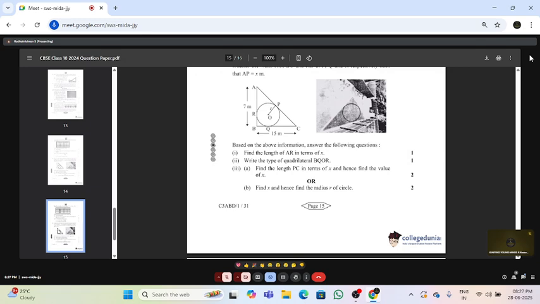That means the square root of this is 274, no? So we got PC in terms of x, that is root of 274 minus x. It is not coming to a perfect square, but it's okay. You still got it in terms of x. PC equals root of 274 minus x. That's all.